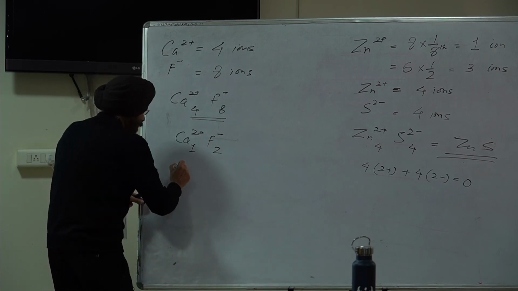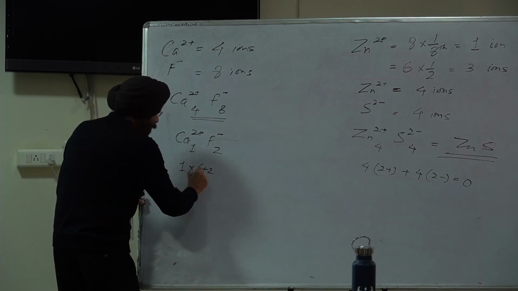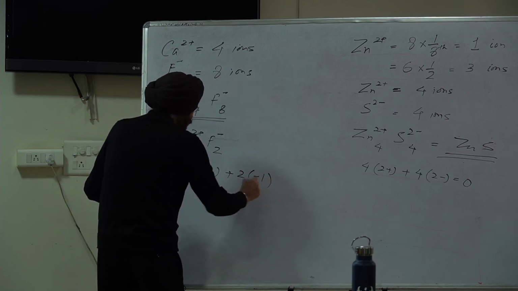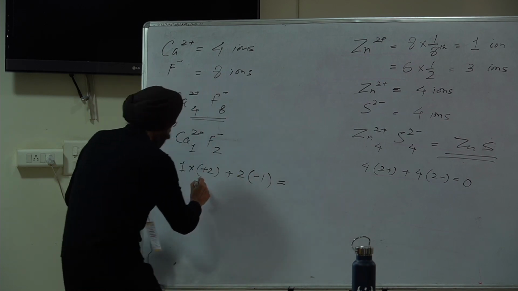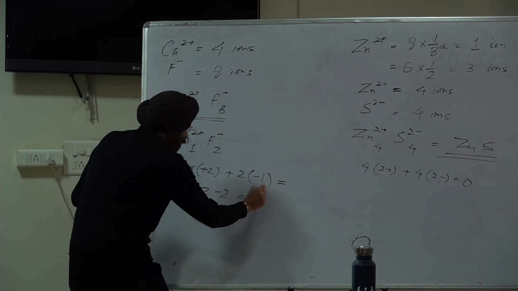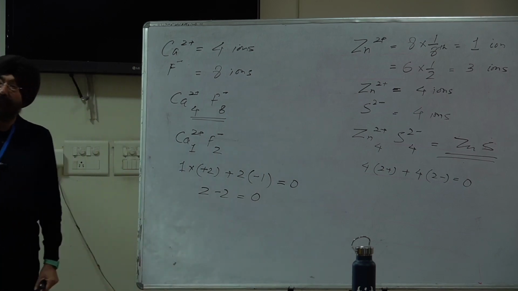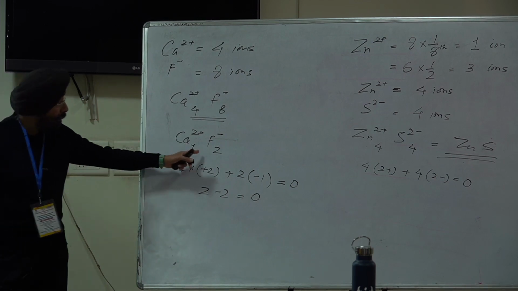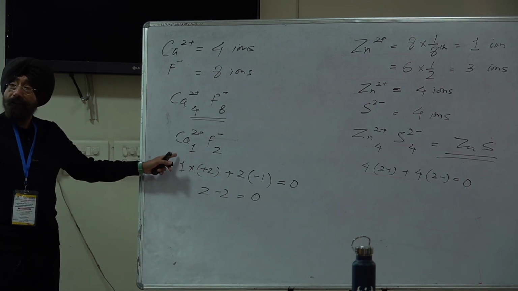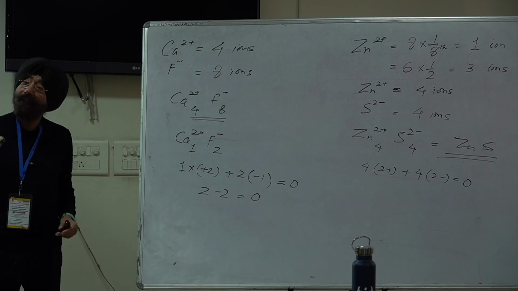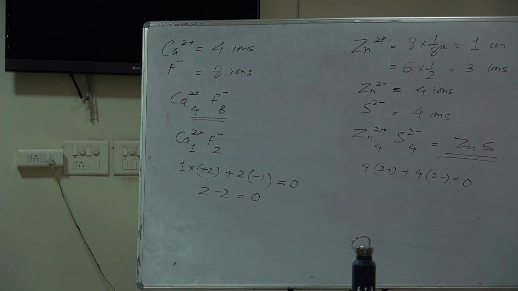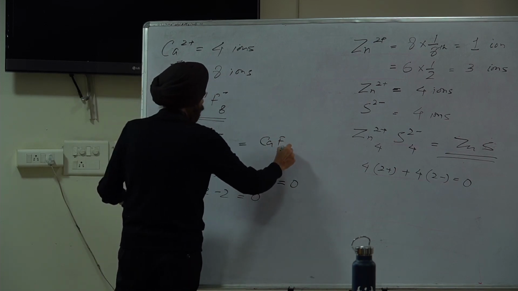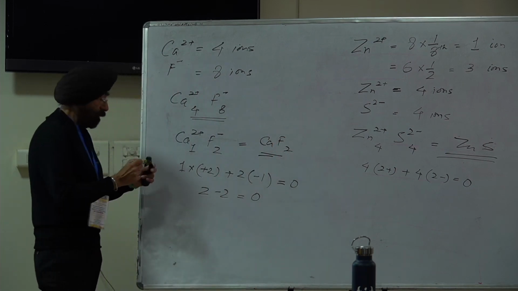See over here. It's 1 multiplied by plus 2 plus 2 multiplied by minus 1, right? So therefore, it is 2 minus 2, 0. Is it okay? By taking 2 fluoride and taking 1 calcium, only then we can neutralize the charge. And that is why the formula is calcium fluoride. You do not need to show the charges.